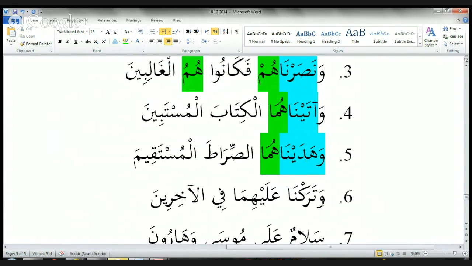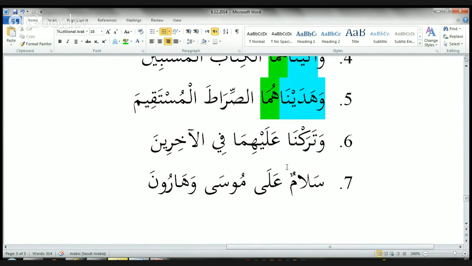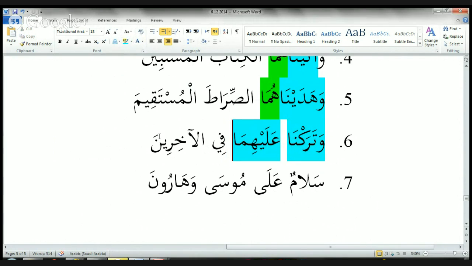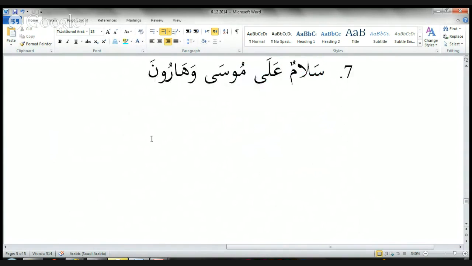Who is we? Allah is speaking about Himself in the royal we, and speaking about Musa alayhi salam and Harun alayhi salam, because both of them. وَتَرَكْنَا. And we left, attached, right? عَلَيْهِمَا. Attached, upon both of them. فِي الْآخِرِينَ. Salamun ala Musa wa Harun.